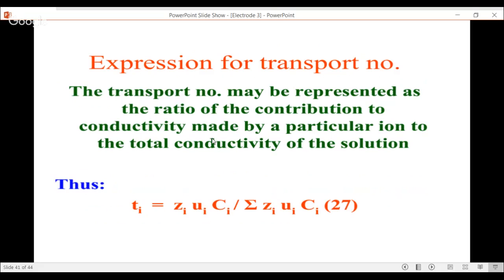The expression for transport number can now be written in terms of the ionic parameters: Zi Ui Ci divided by the sum over all the ions. That is the transport number of that ion. The transport number may be represented as the ratio of the contribution to the conductivity made by that particular ion to the total conductivity of the solution.